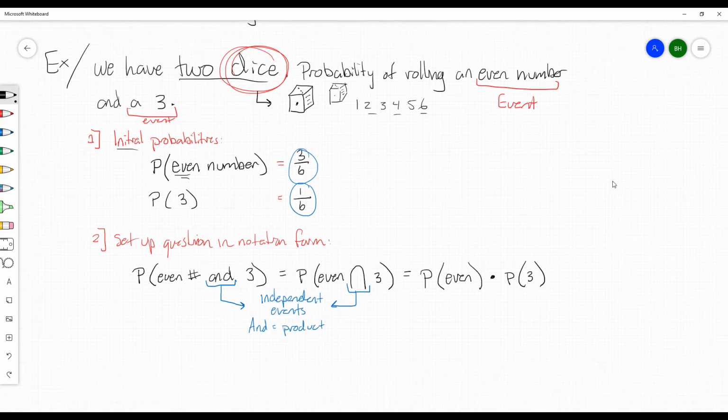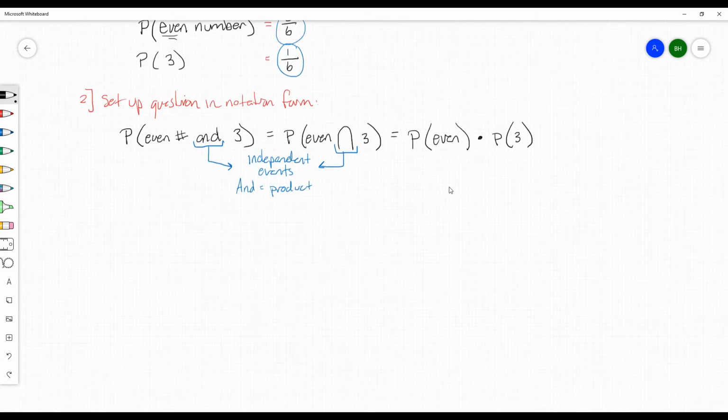And if I scroll down here really quick, we can see that this ends up turning into 3 over 6 multiplied with 1 over 6, and we end up with 3 over 36, or a 1 out of 12 opportunity.